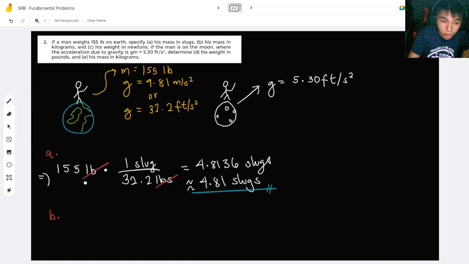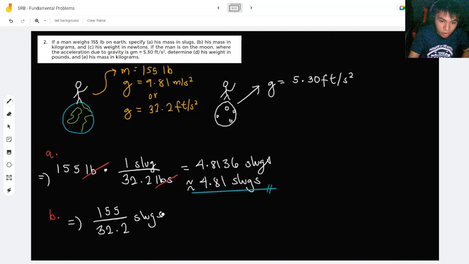So we have to take note that 1 slug is equivalent to 14.59 kilograms.